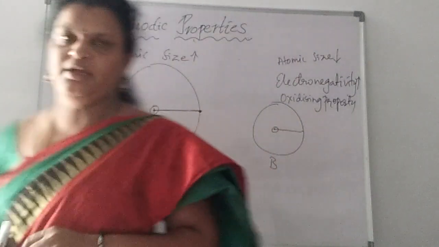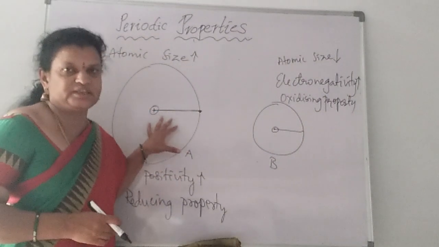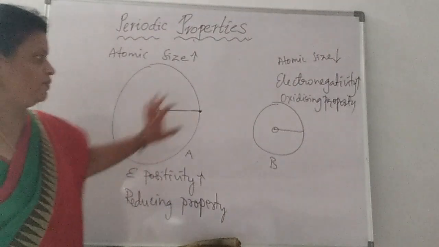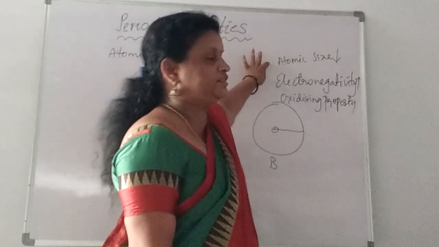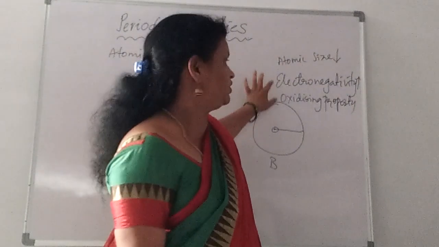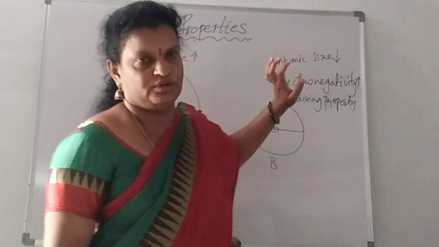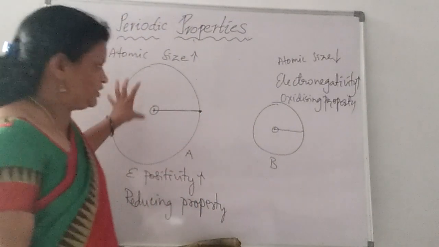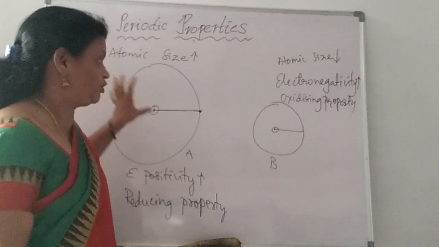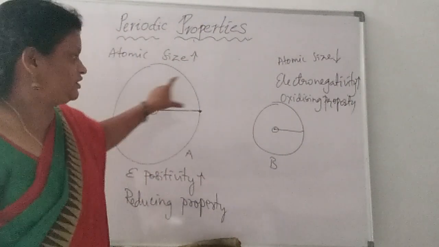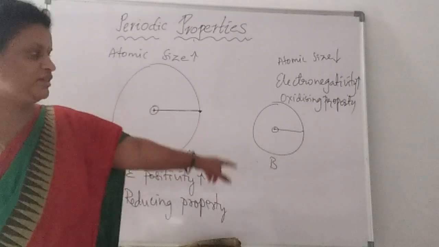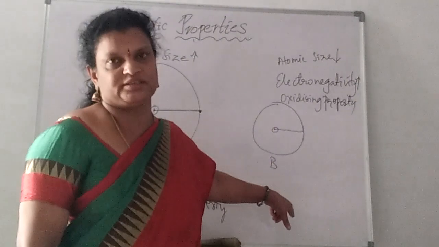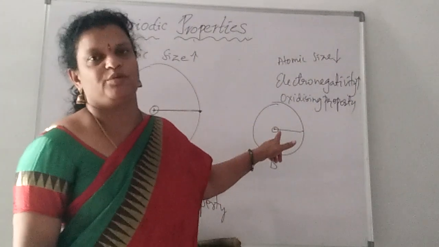Just compare A and B again. For A, size is more, so electropositivity is more and reducing property is also more. For B, as the size is less, it can attract the electron, so electronegativity is more and oxidizing property is also more. So electronegativity of A is less than B, electropositivity of A is greater than B, reducing property of A is greater than B, and oxidizing property of A is less than B. Similarly for B, atomic size is less, electronegativity is more, electropositivity is less, reducing property is less, and oxidizing property is more.